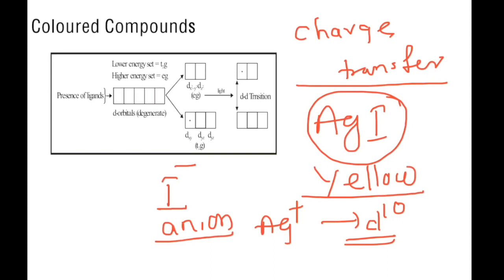Due to its large size, the electrons of I minus will polarize towards Ag plus. The charge of I minus is shifted to Ag plus. Due to this polarization of charge, some energy is released, which appears as color. This is known as charge transfer.